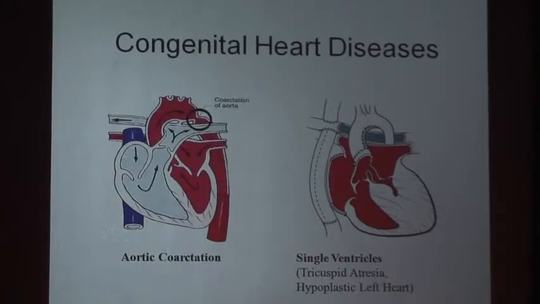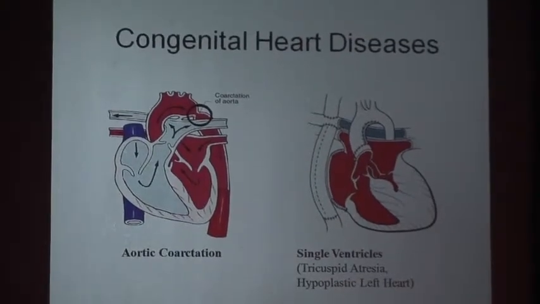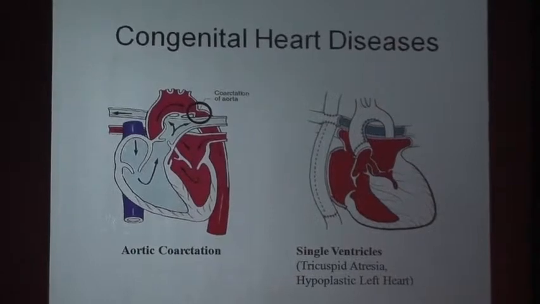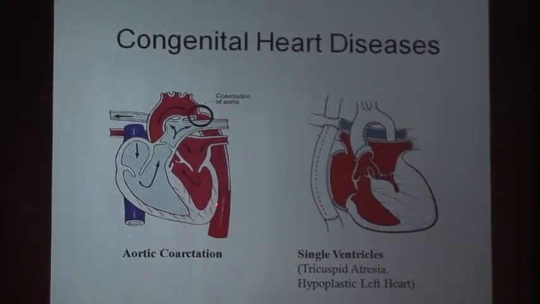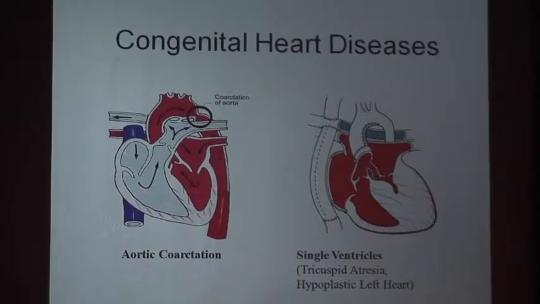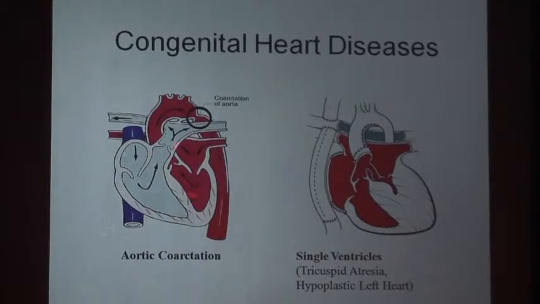So what are some of the problems that are encountered? This is a problem that we've studied. We have a clinical study going on right now. It's a problem of aortic coarctation. Here is the heart. The oxygenated blood is shown in red, and deoxygenated blood is shown in blue. Blood, as it's pumped out of the left ventricle into the aorta, comes down through the aorta, and patients with aortic coarctation have an area where the aorta is actually narrowed.